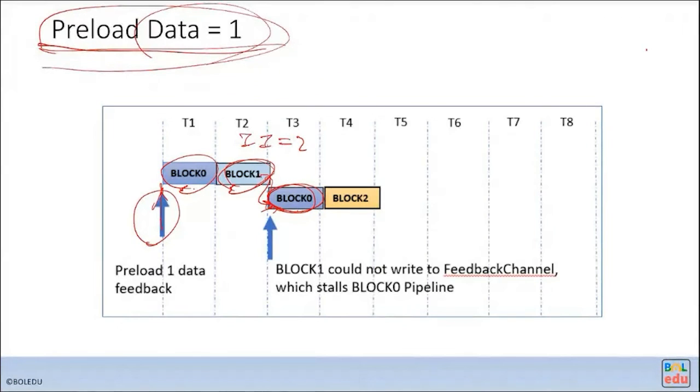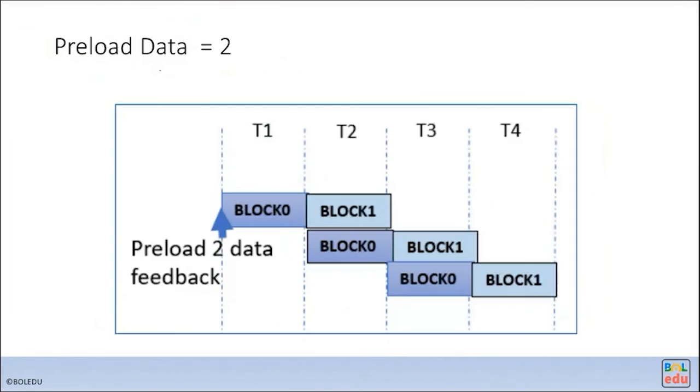The whole data flow interval is 2. So let's say we set the preload equal to 2. Then you can kick off block 0, get the second preloaded data, and later the feedback FIFO data can be produced by block 1. So in this case, you get II interval equal to 1.